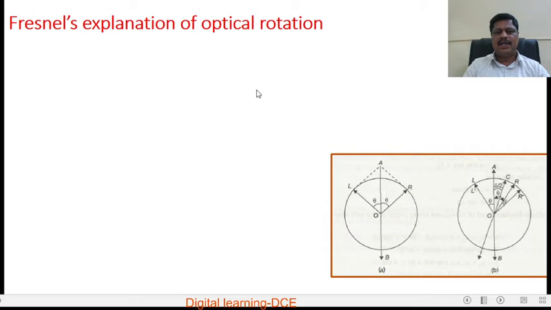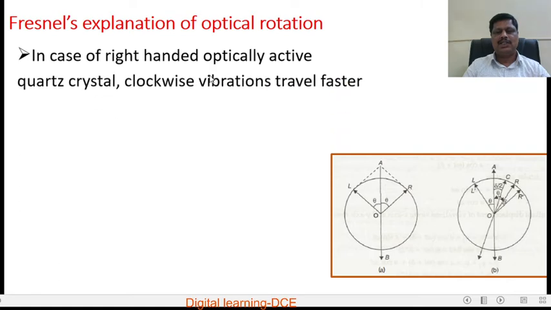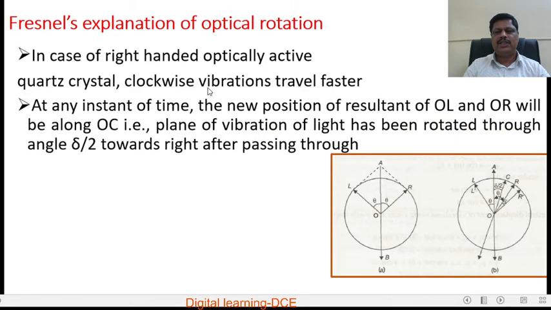In case of a right-handed optically active quartz crystal, the clockwise vibrations travel faster. Here, this is the calcite crystal. This is the quartz crystal. In the quartz crystal, the left-handed rotations are represented by OL dash, whereas the right-handed rotations are represented by OR dash.